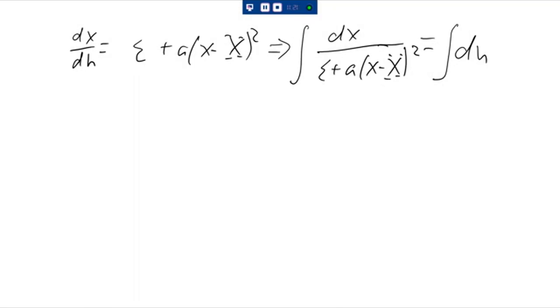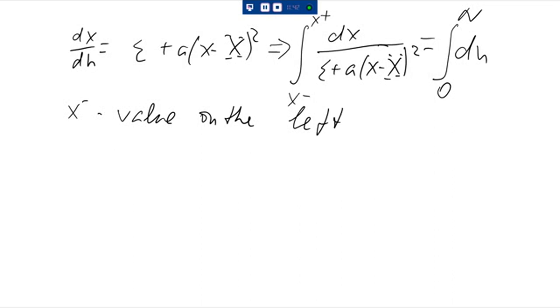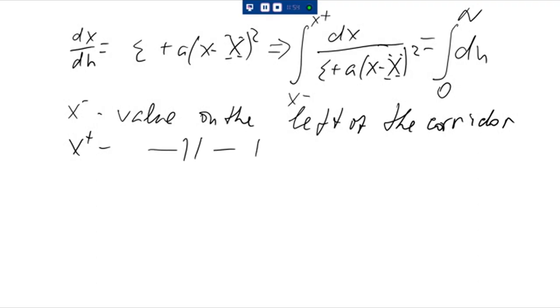The integral on the left hand side, on the right hand side, will give the number of iterations for x to change from, let's say, x minus to x plus. x minus is the value on the left of the corridor and x plus on the right.